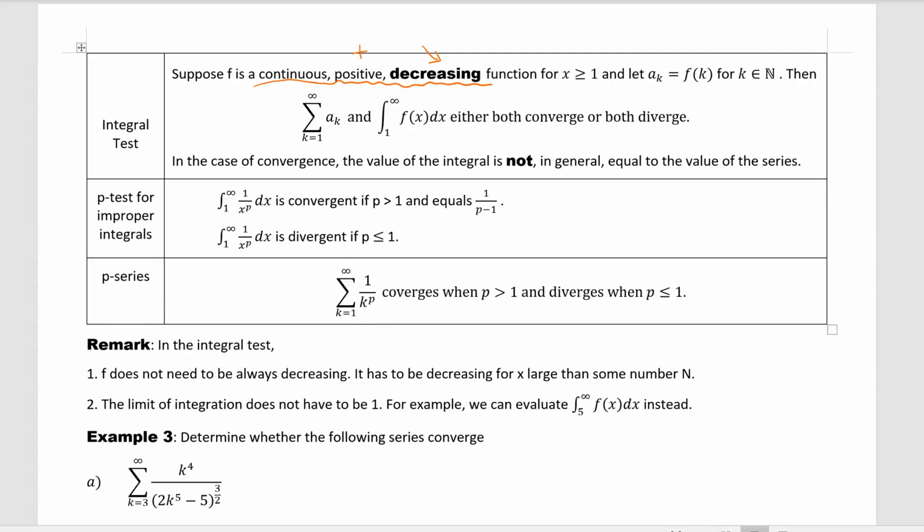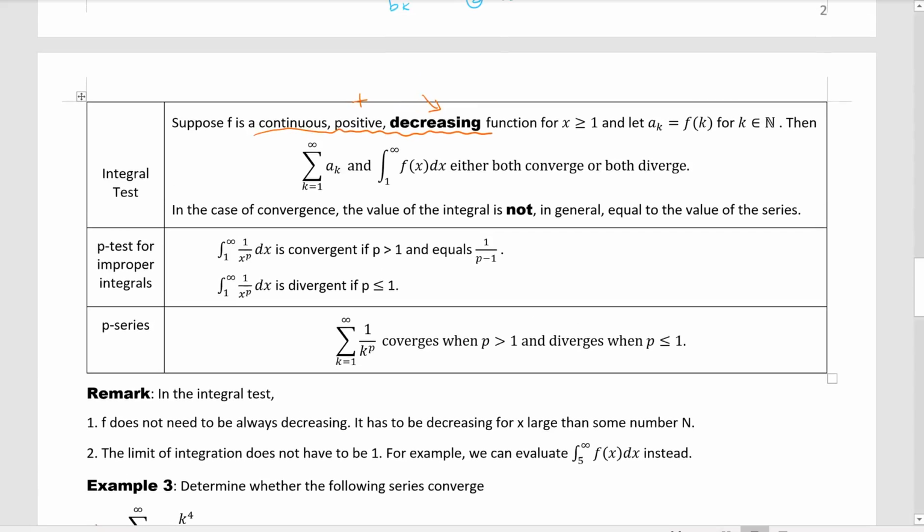Let a sub k be f of k for k in the natural numbers. Then the series and the integral either both converge or both diverge. In this case, the value of the integral is not in general equal to the value of the series. So how do we show that?